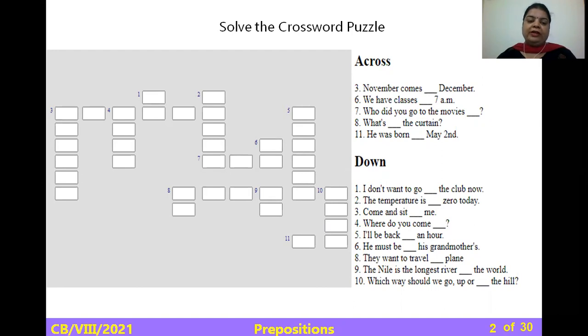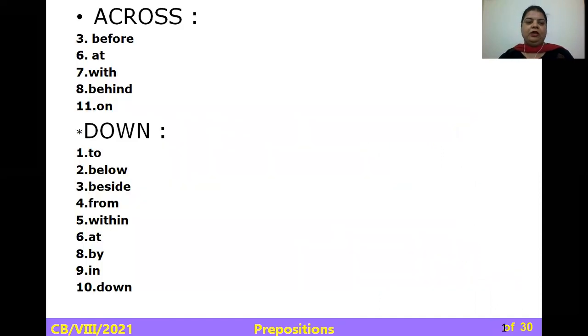We also saw that when we used these words in appropriate sentences, they expressed the relation between two words, specifically between a noun or a pronoun and the other word. So let's understand what such words are called. Such words are called prepositions.